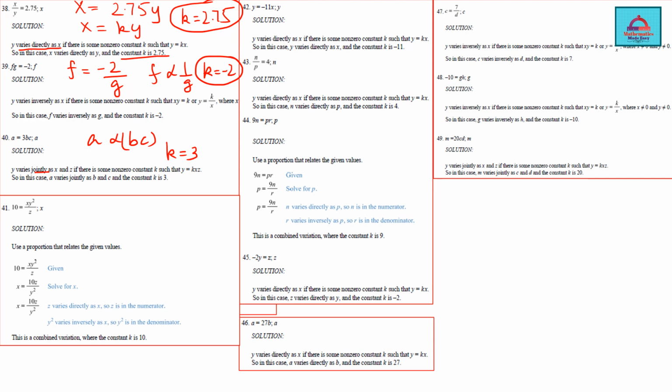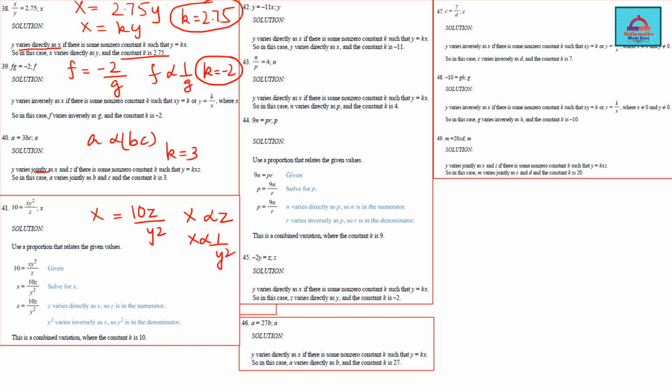Then comes question 41, where 10 is equal to x multiplied with y square over z. You have to say for x. So I'm going to rearrange the equation in this manner: x equals 10 multiplied with z, doing cross multiplication, divided by y square. Now if you see, there are three variables x, y and z. So x is varying directly as z, however x is varying inversely as y square.